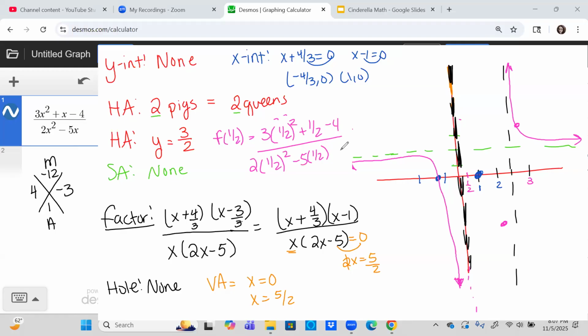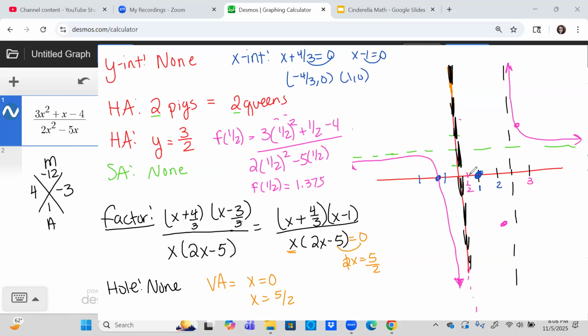Okay, I got an error. Hold on one second. Okay, I get 1.375. So when we do a half, we get 1.375.